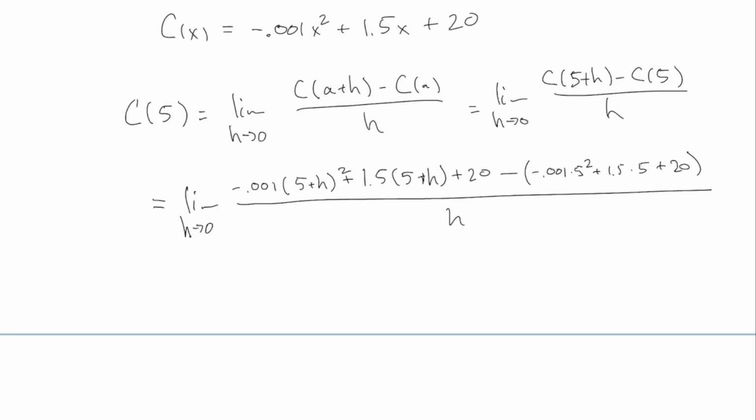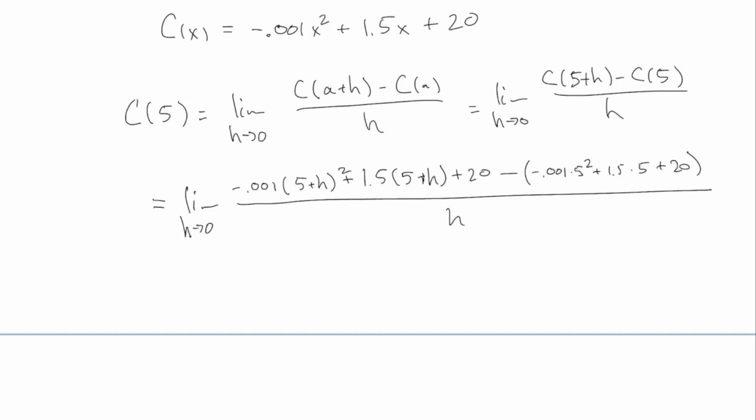And then all of this is over h. That step is easy to get confused with. All we're doing is going up here and replacing the x, first of all, by 5 plus h. That's this part. And then minus, again, replacing the x by 5. That's this part. Let's continue.